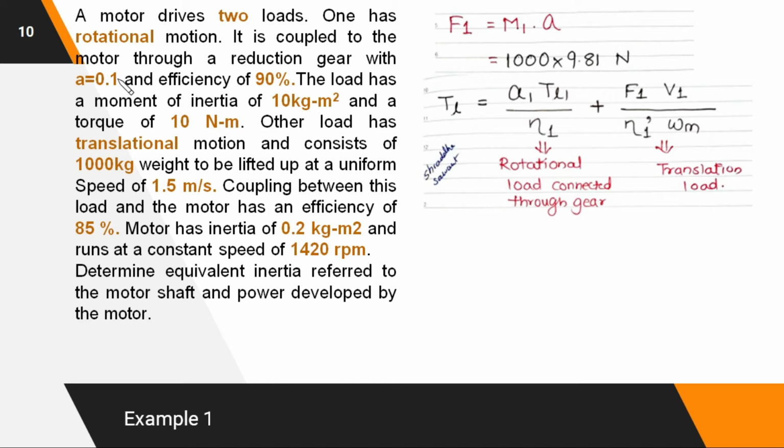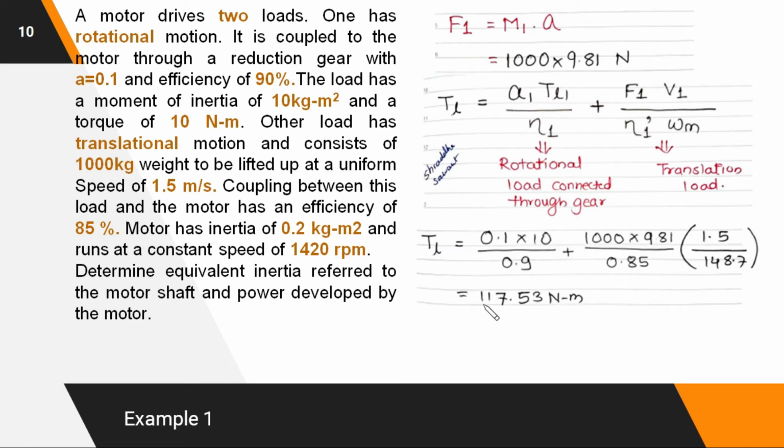F1 is nothing but mass into a constant, so this is 1000 kg into 9.81 Newton. Multiply, you will get F1. V1 is given 1.5 meter per second, and efficiency of the second load is also given, it is 85%. Just put these values, you will get 117.53 Newton meter.